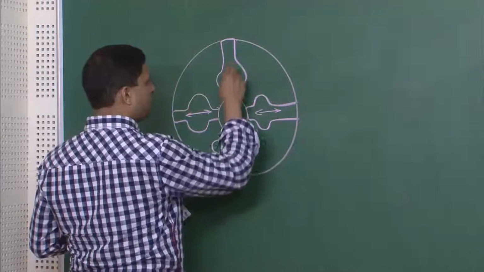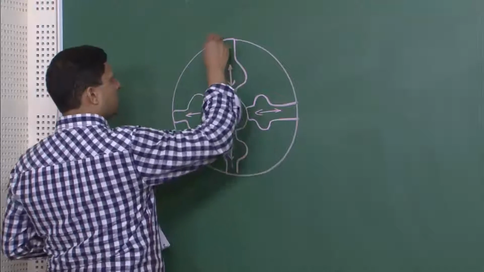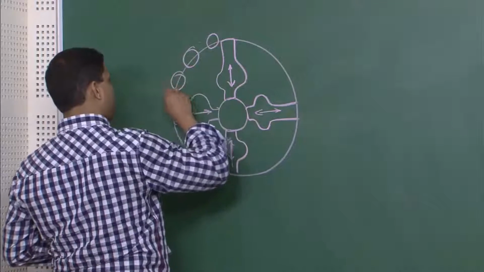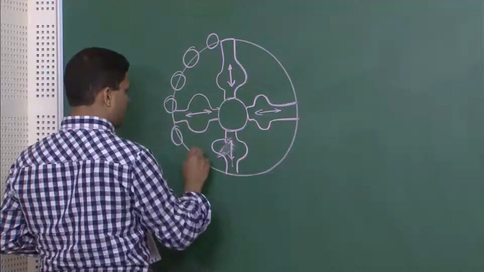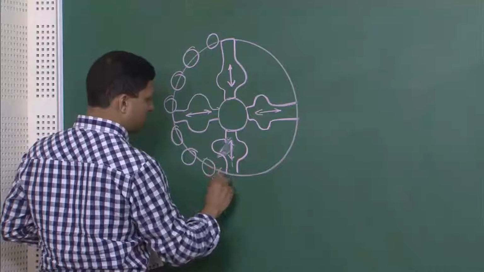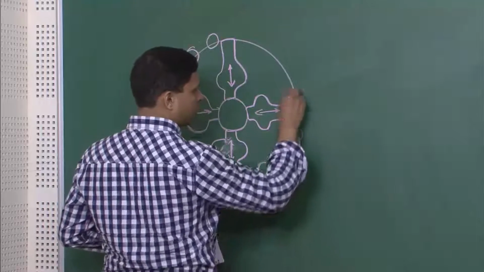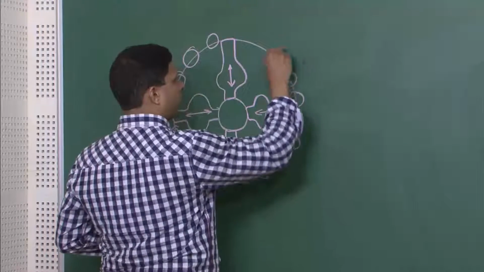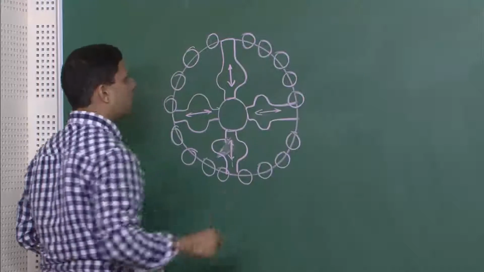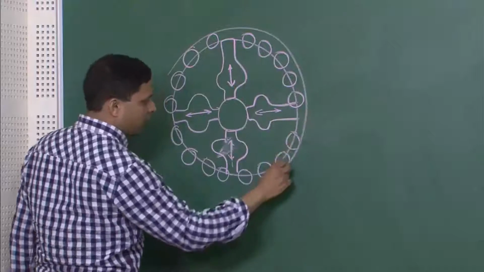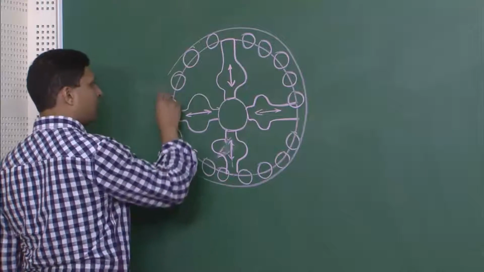So, what makes them go in and out? There are spherical balls all around. So, these spherical balls are still inside another cylindrical structure.